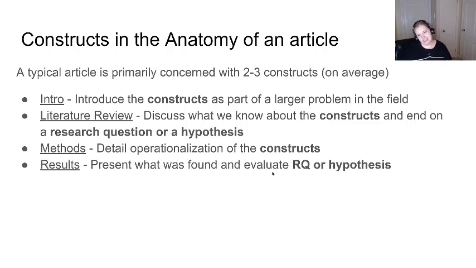And so obviously the results follow that. I present what was found, I evaluate the research questions or hypotheses. It's a very typical thing to do in the results to go, okay, so this was the research question and my results support it, right? You go, I found this, my research question was this, and therefore it supports it. Or I found this, my research question was this, and it didn't.